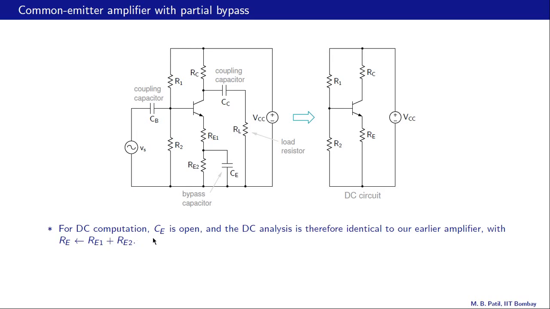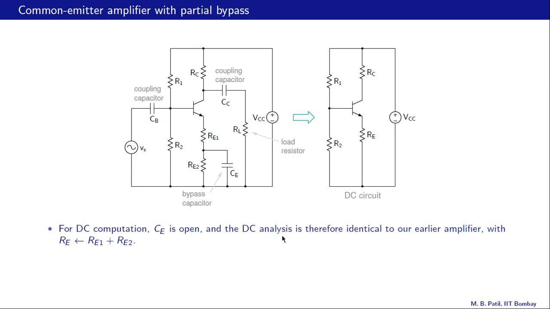For DC computation, CE is open, all capacitors are open circuits. So what do we get? So this is an open circuit. We get RE1 plus RE2 going to ground from the emitter, and if we call RE1 plus RE2 as RE, then this is the circuit we get, and this is the same circuit as we had for the common emitter amplifier.